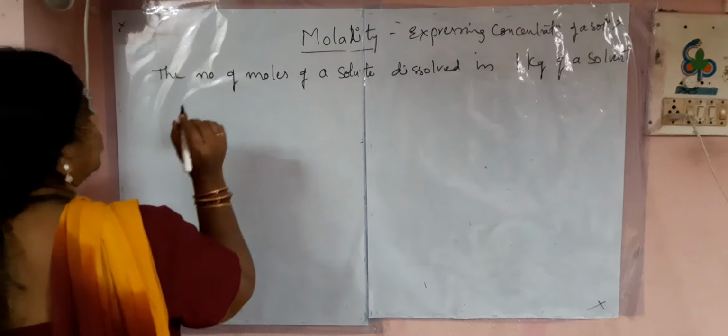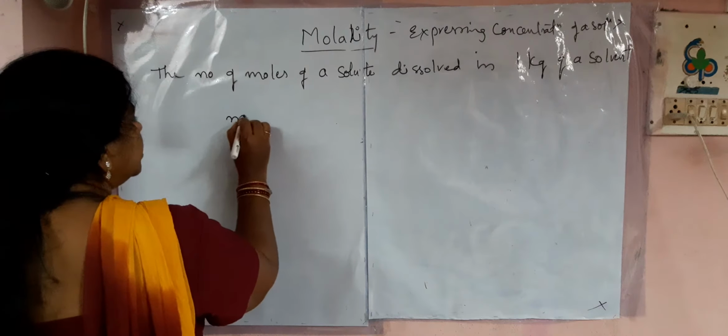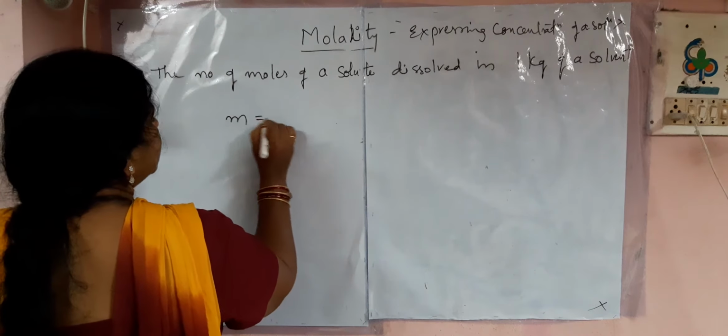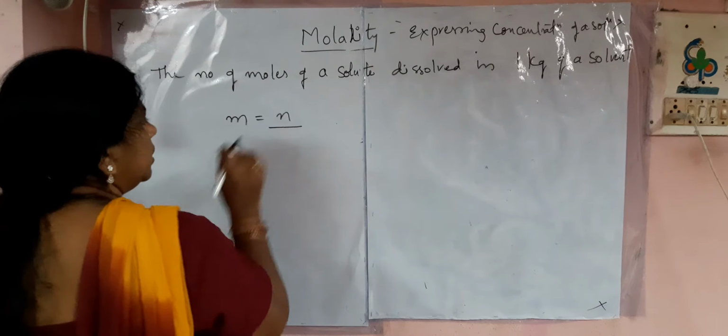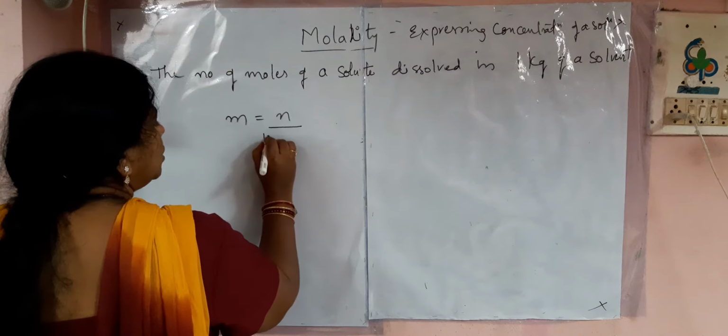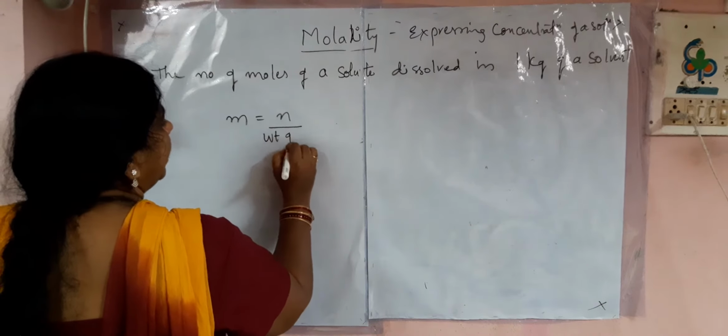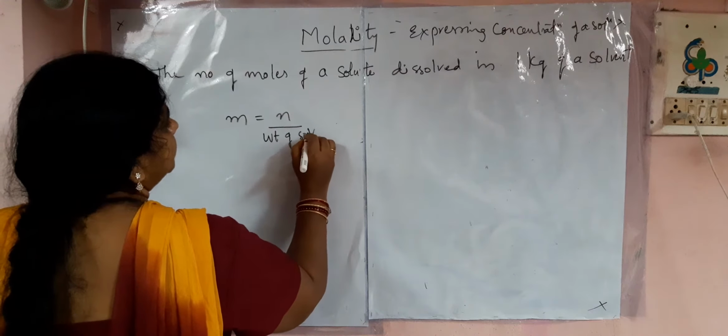Now, this molality is denoted by the symbol small m. So, molality is equal to the number of moles of solute dissolved in 1 kg of solvent, meaning the weight of solvent.